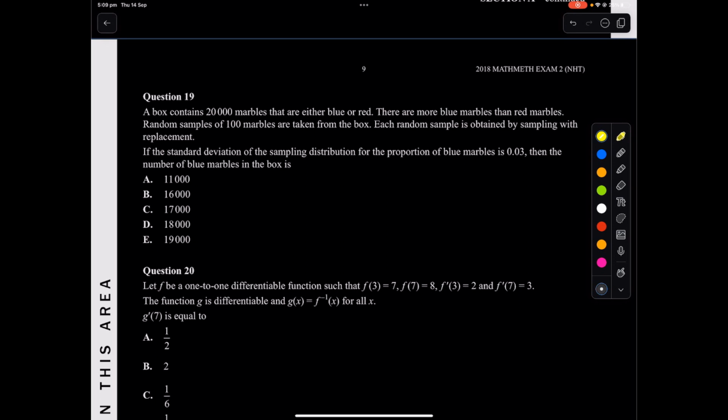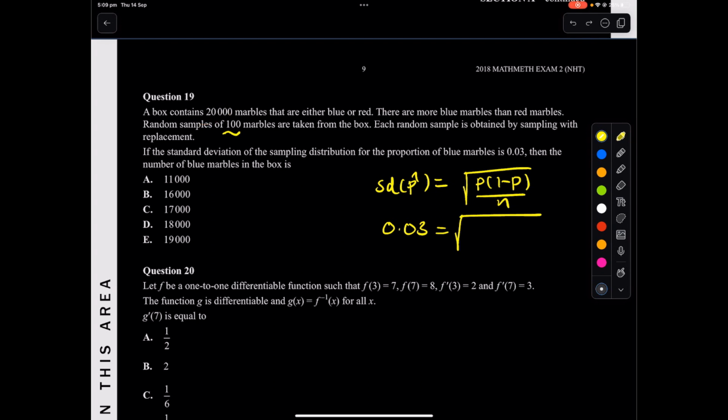Okay, so we know that the formula for the standard deviation for a proportion is the square root of p(1 - p)/n. And we know that's 0.03. We know our n here is 100. Be careful, not 2,000, that's the population.